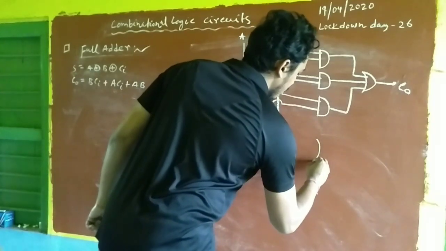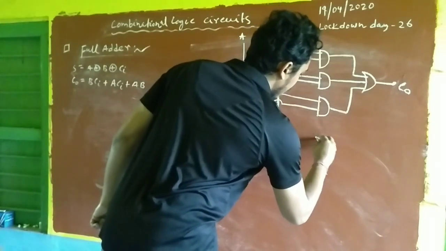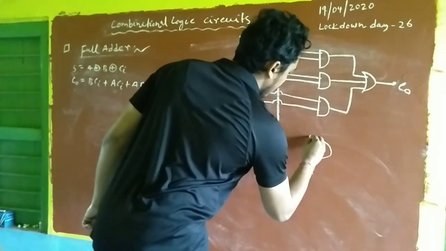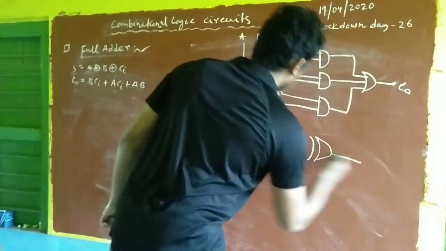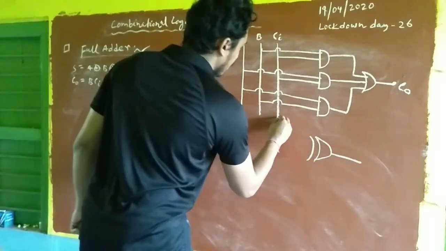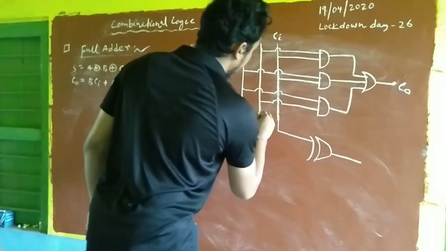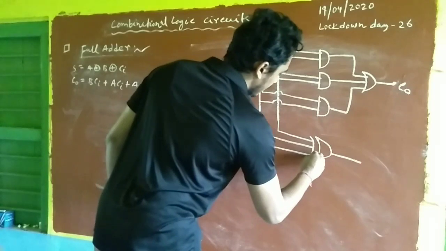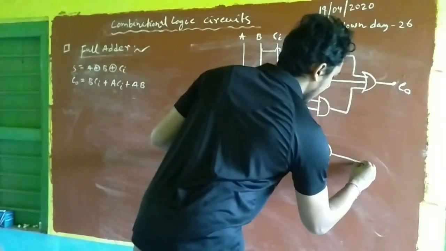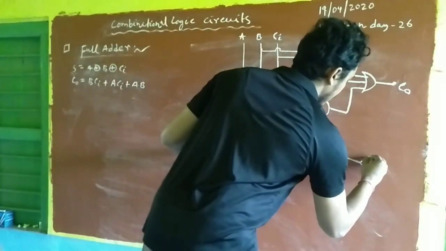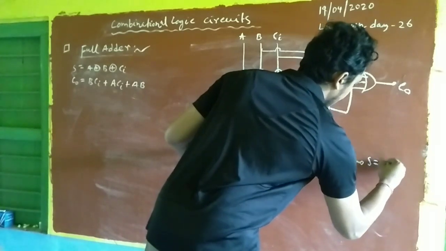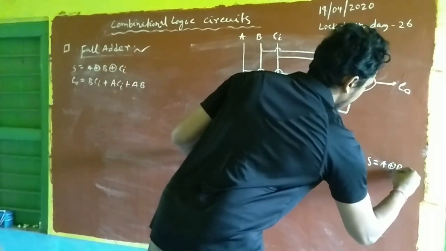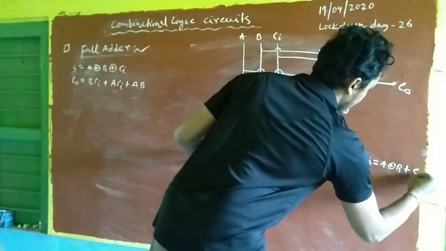For the sum output we need to use one 3 input XOR gate. So this is for Ci, this is for B and this is for A. And finally here we will get S equals A XOR B XOR Ci.